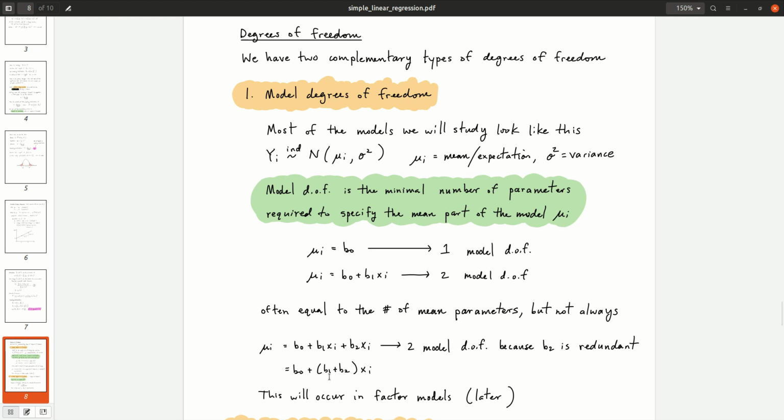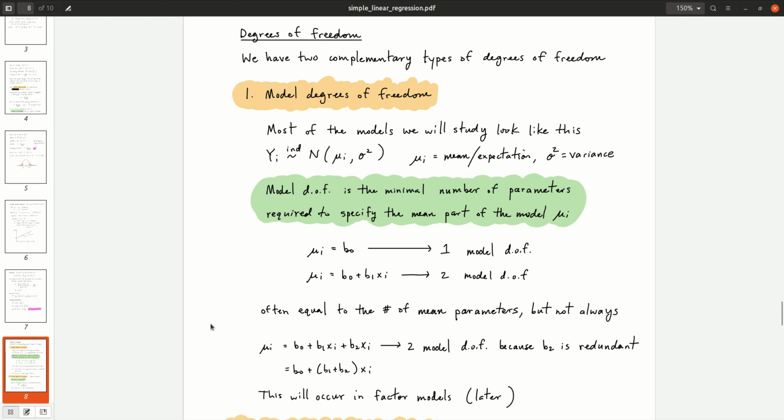So we could have 0 and 7, or 7 and 0, or 3 and 4, or 4 and 3. And it all specifies the same exact model. So this model, even though we're writing it down with 3 parameters, 2 of them are redundant and can become collapsed into a single parameter. And therefore, this mean model has only 2 model degrees of freedom because these 2 parameters are redundant.